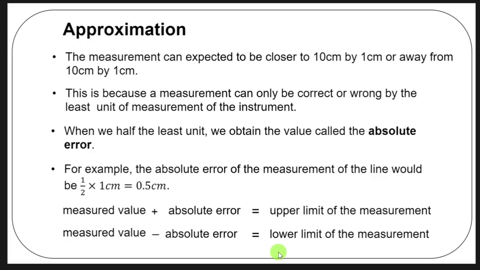And the lower limit of the measurement is the value that is expected to be lesser than the actual measurement, the allowed value expected to be lesser than the actual measurement.